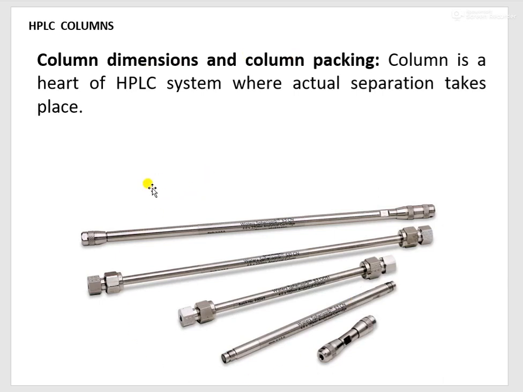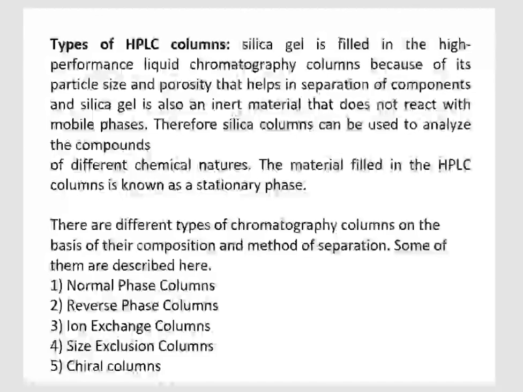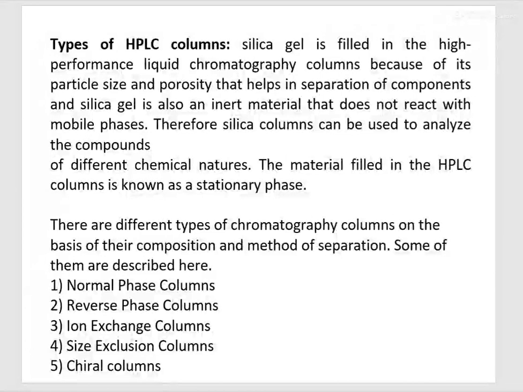These are different images of columns having different length and internal diameter. Now let us discuss the types of HPLC column. Silica gel is filled in HPLC columns because of its particle size and porosity that help in separation of components, and silica gel is also an inert material that does not react with the mobile phase.